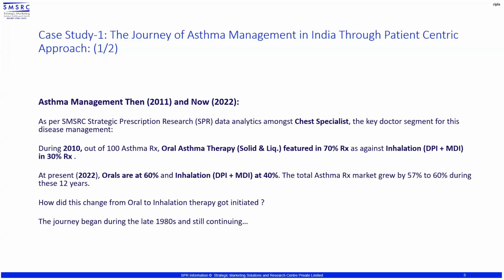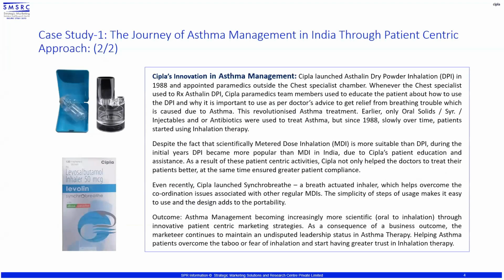So the point that we need to discuss in the next few slides is how this change from oral to inhalation therapy got initiated. The journey began during the late 1980s and is still continuing. So let's see 2 examples. Of course, when I talk about asthma management in the country, I have to talk about the leader company, Cipla, not for any other purpose, just to explain the case study.